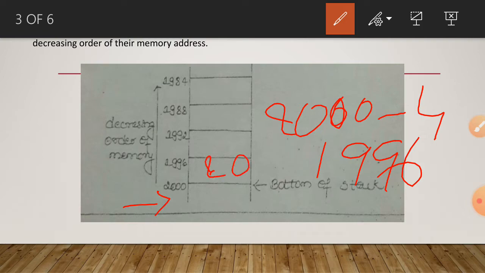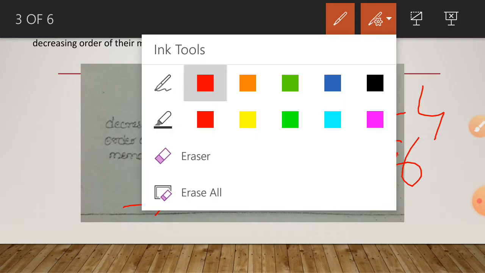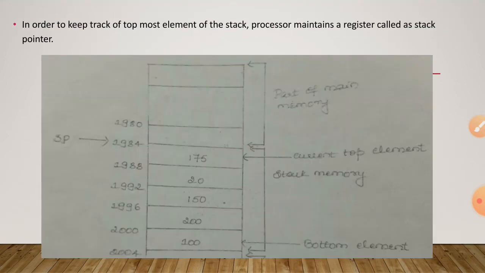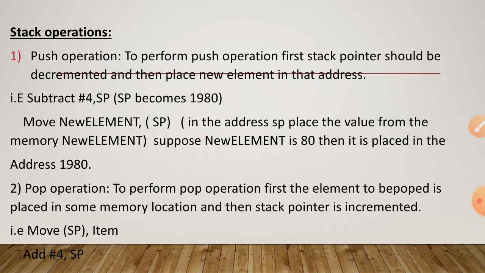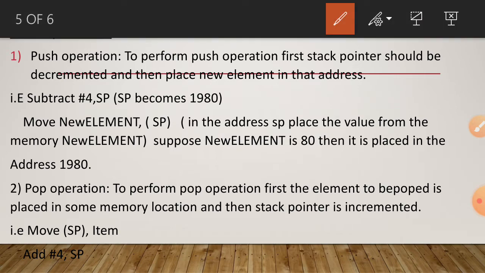Similarly, to insert any element to the stack, we first decrement the value of the stack pointer, then move new element, SP. What is the new element? Like 20, that will be moved to the new address of SP.